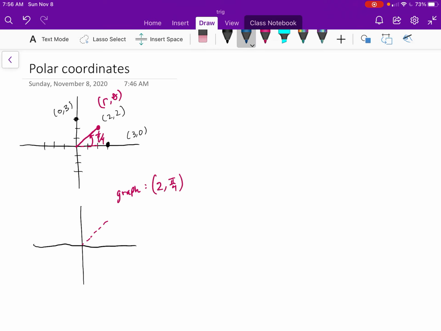One way to look at that is if I had a bunch of concentric circles here. If I did the unit circle, 1 unit out, kind of using that for reference, that point right here would be (1, pi over 4). I have 2, so let's go another unit out.